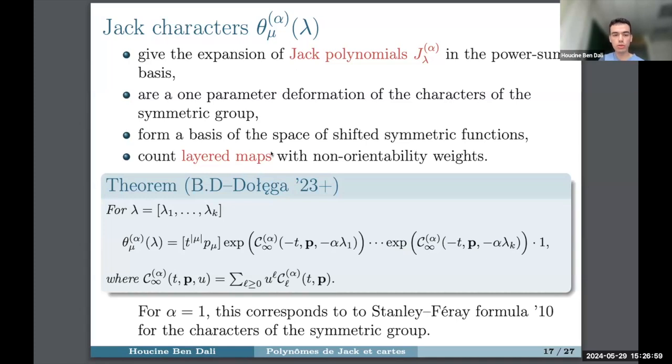And this is the result that we obtained recently with Maciej Dołęga. So we established a differential construction of the Jack characters with this operator CL. And since we know that CL construct maps, we deduce that the Jack characters count maps. And this formula is for alpha equals 1. It corresponds to a formula for the characters of the symmetric group, which has been conjectured by Stanley and proved by Valentin Féray.